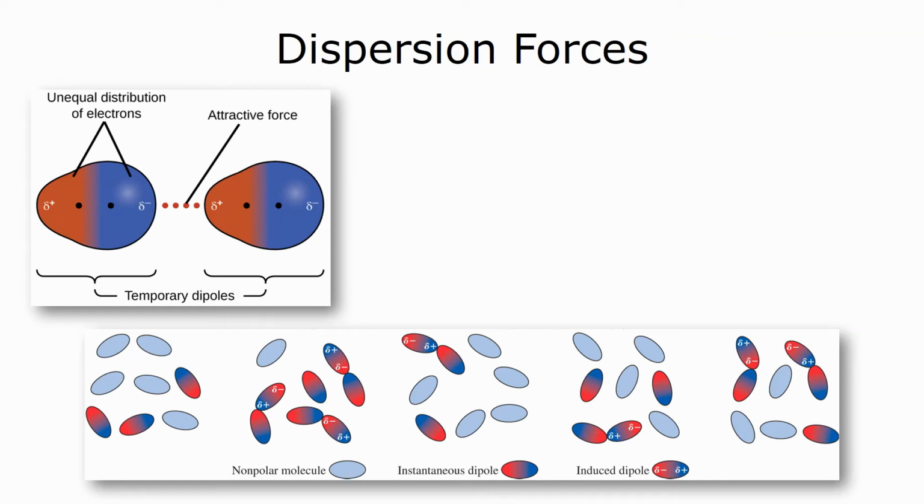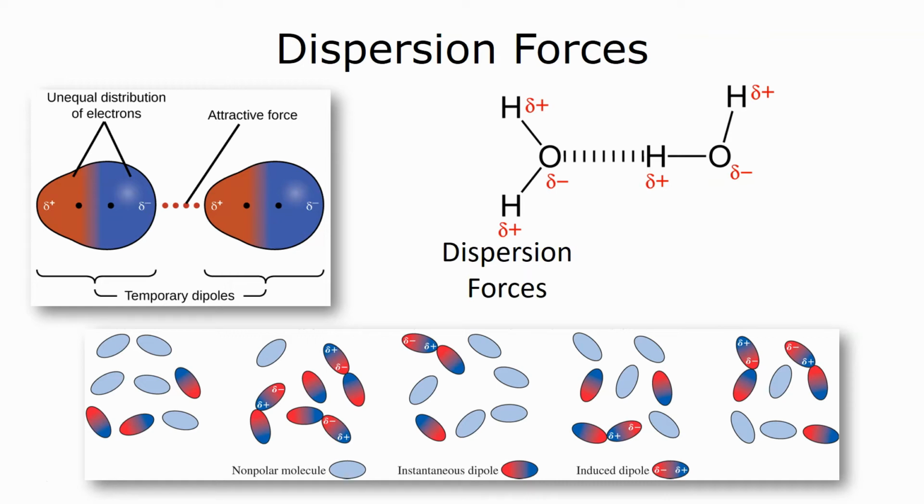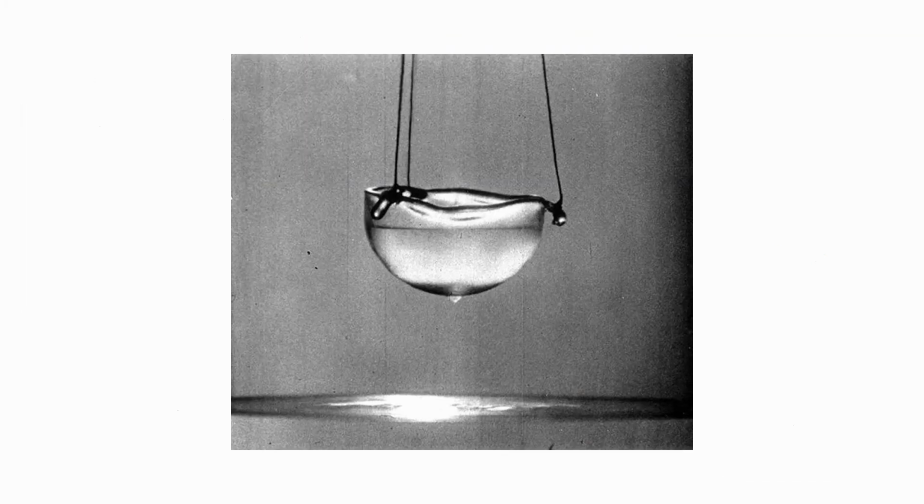They occur in all covalent molecules. However, we don't really think of them when it comes to molecules that already experience dipole-dipole attractive forces, because these forces are so much stronger than dispersion forces. But for nonpolar molecules, these dispersion forces are very important. This is the only way that we can get helium to eventually condense. We have to get it very cold, but we can get it to condense.